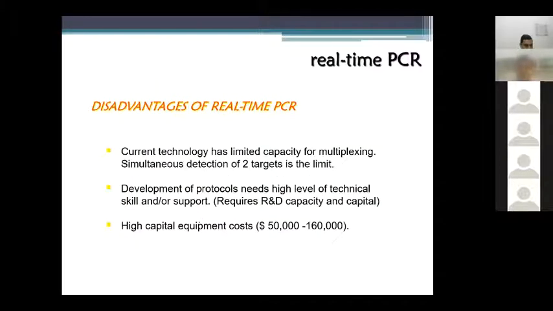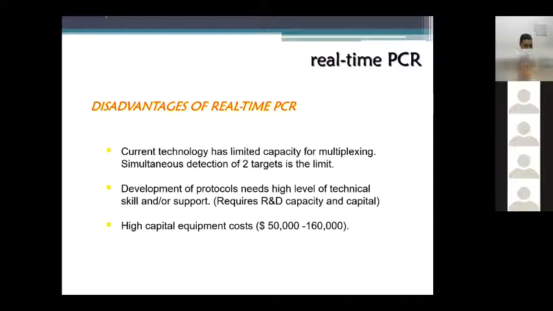But the disadvantage of real-time PCR is that current technology has limited capacity for multiplexing. Simultaneously, you can detect only 2 targets. The development of the protocol needs a high level of technical skill and support. And most important is the capital involvement.